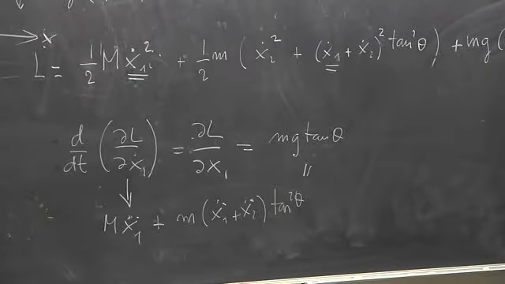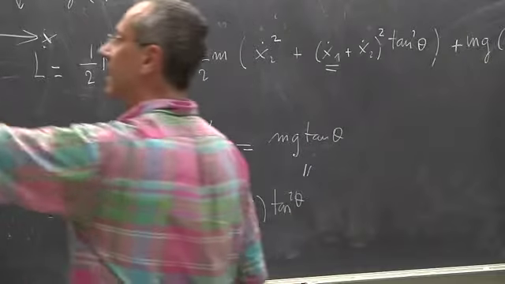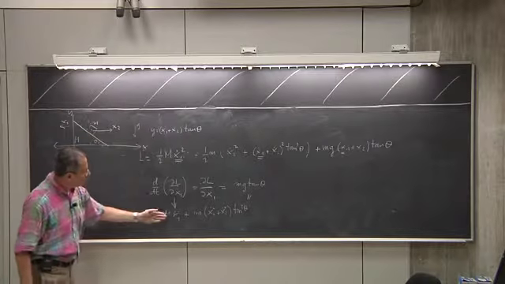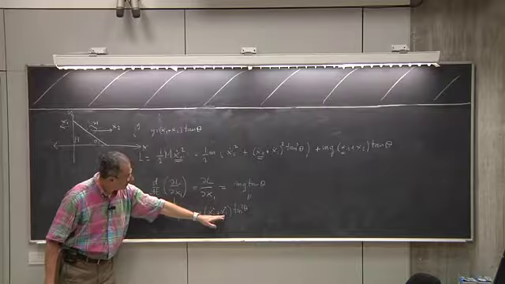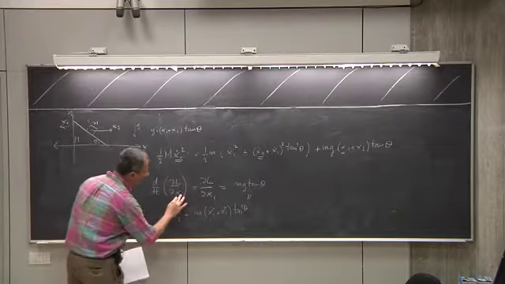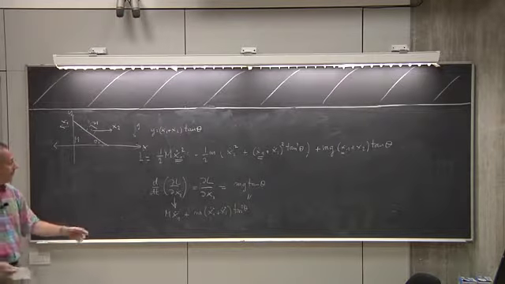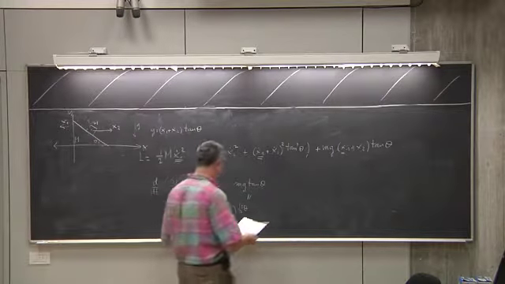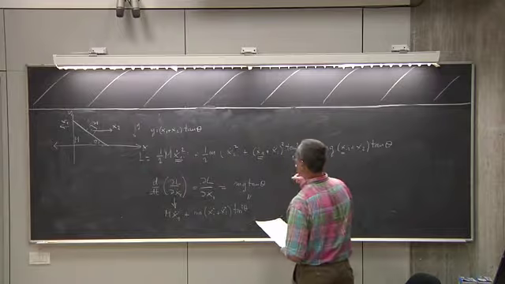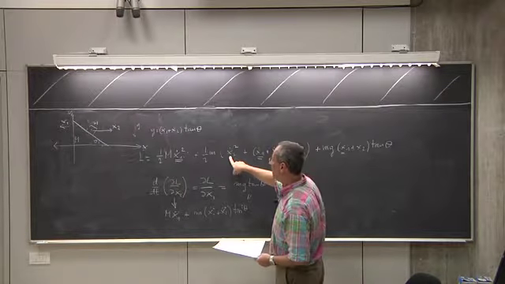And of course I have two variables because I have x1 and x2. So I also need the other equation, the one that I get when I put x2 here. And I do the same, and I get something similar.